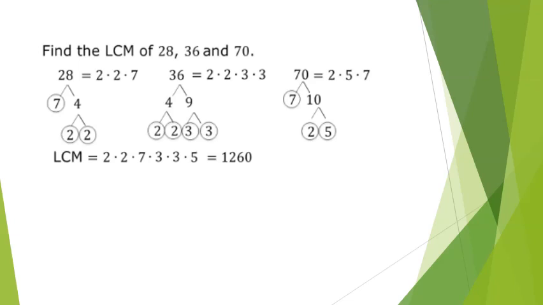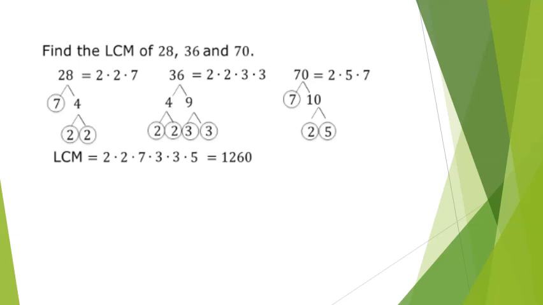We need to look at each one of those primes and see if they're already included. Do we have a 2 in our list? Yes, we already have a 2. Just ignore the other numbers for right now, put your fingers over them, because we're only working with 2 times 2 times 7 in the least common multiple, because that's 28.